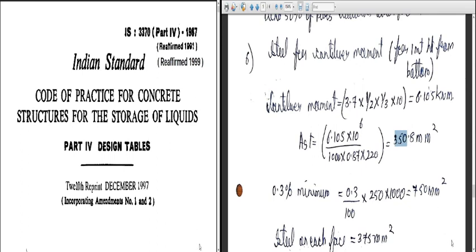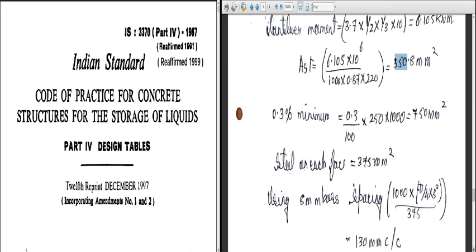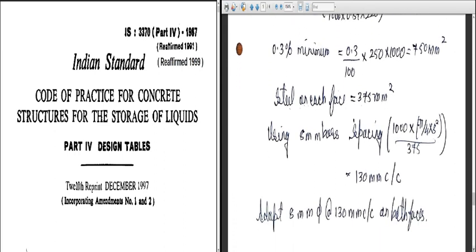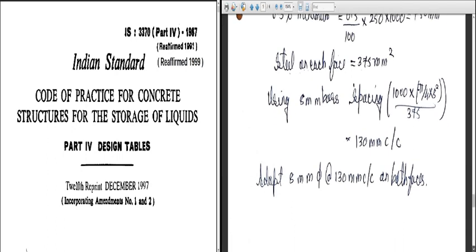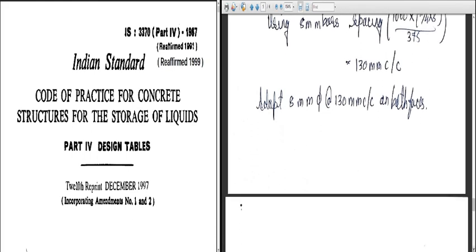So 0.3% we will provide as minimum. So 0.3 divided by 100 into 250 into 1000, 1050 mm square. So steel on each face will be divided by 2, so 375 mm square. Using 18 mm diameter bars, we'll find out the spacing. Spacing is working out to be 130 mm. So adopting 8 mm diameter bars at 130 mm center to center on both the faces.